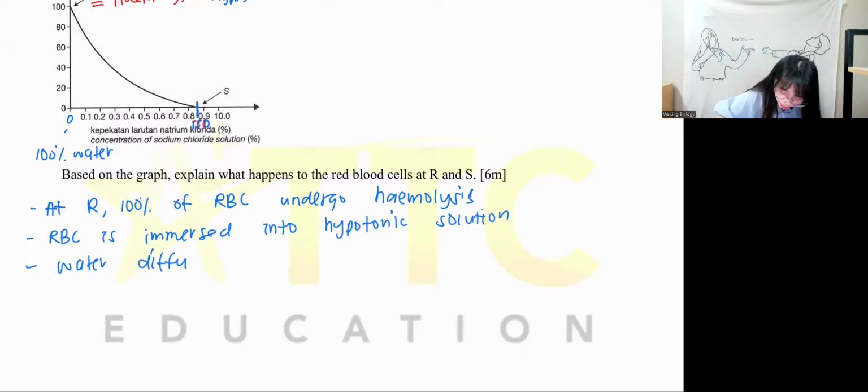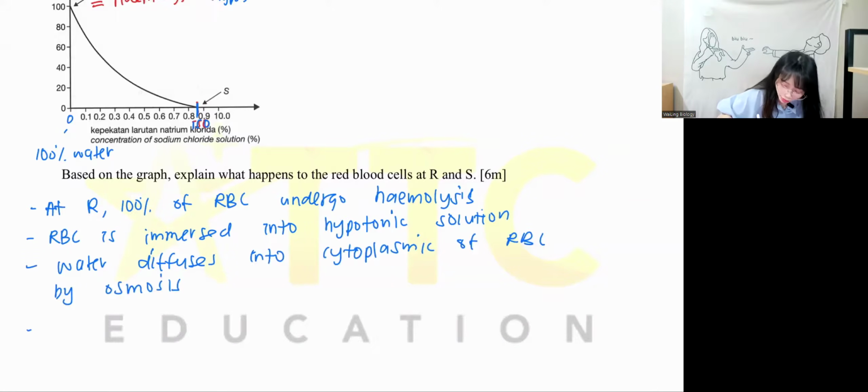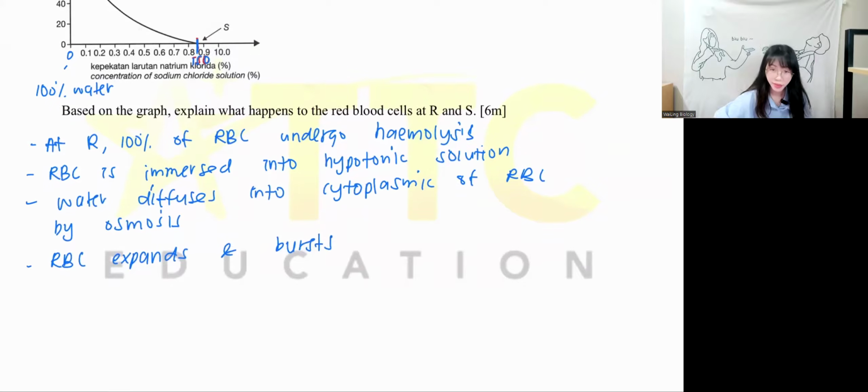Water diffuses into cytoplasmic of red blood cell by osmosis. Red blood cell expands and bursts. It's the same answering technique.